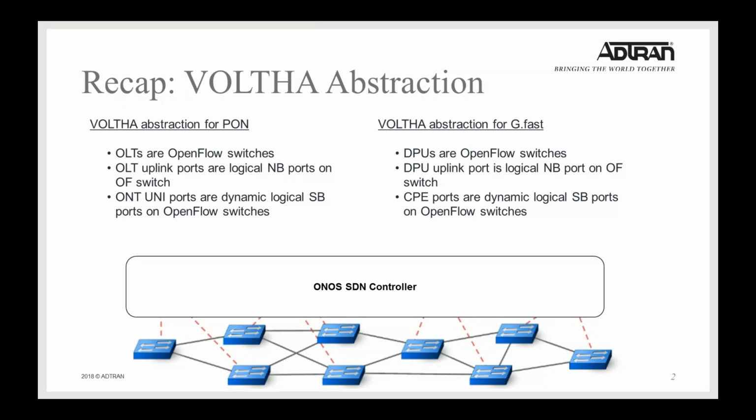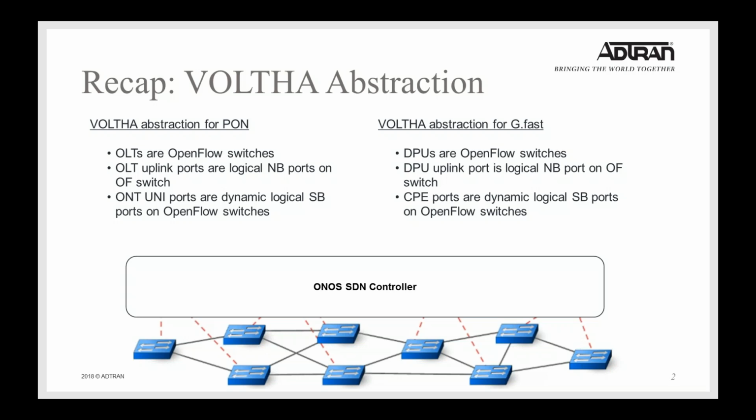As you all know, VOLTHA is very much rooted in abstraction, and the idea behind VOLTHA is to abstract physical interfaces of OLTs and ONUs to OpenFlow logical switches on the northbound side of VOLTHA. And we at Adtran proposed an idea and still think that this VOLTHA abstraction also fits for G.fast. On the left-hand side, on the top, you will see what you normally know.